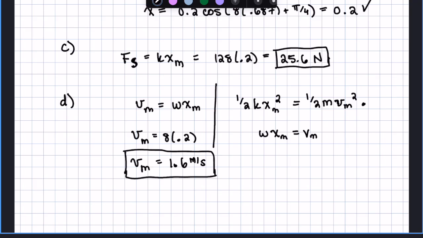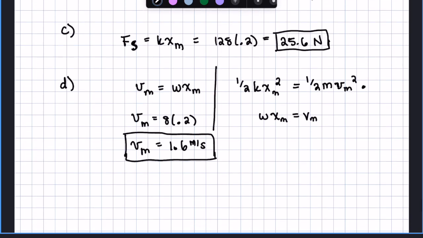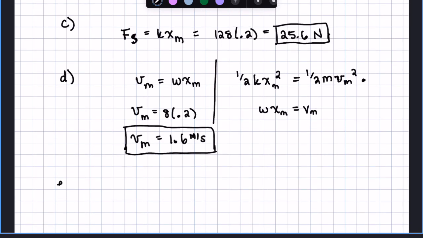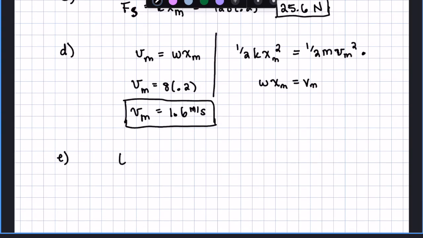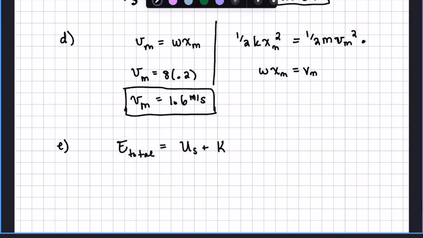And then our last part of this question is to find the two positions at which the kinetic energy and potential energy of the system are equal to each other. In general, our total energy is split between kinetic energy and spring potential energy for this whole system.